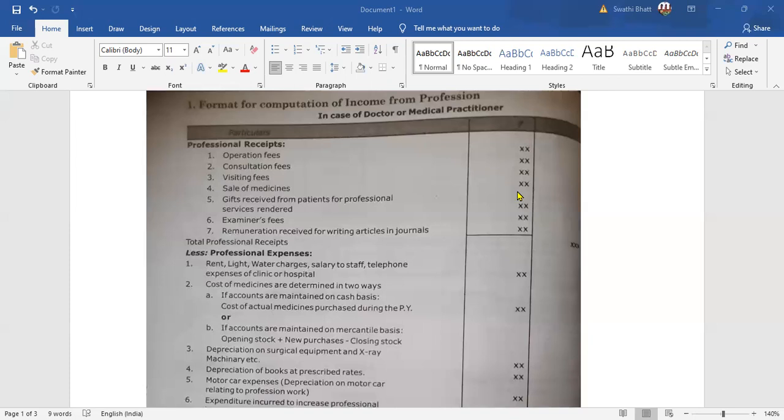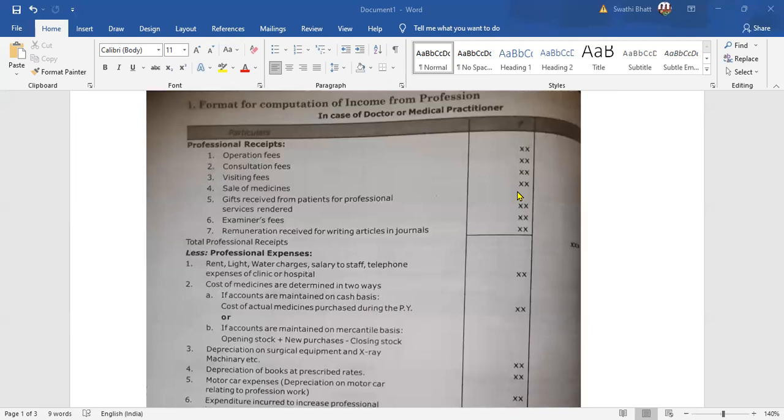So let's say the purchase price of surgical equipment is given, you don't take the purchase price. The only thing that you're supposed to do with that price is calculate depreciation on surgical equipment. Next one is depreciation on books, which are also an asset to a doctor. Motor car expenses. Let's say a doctor is a visiting doctor, he keeps moving from one hospital to another. He has a motor car.